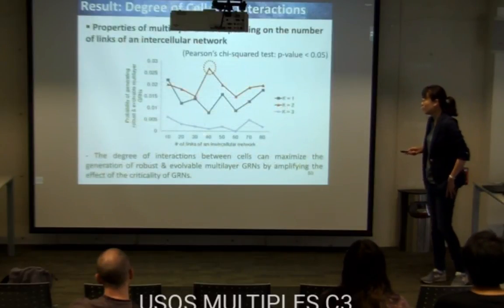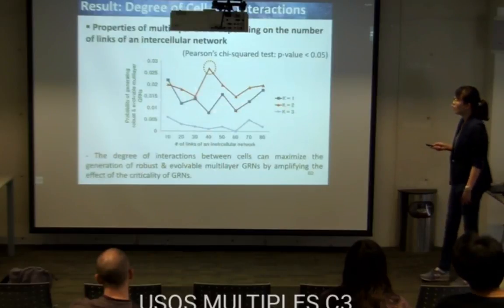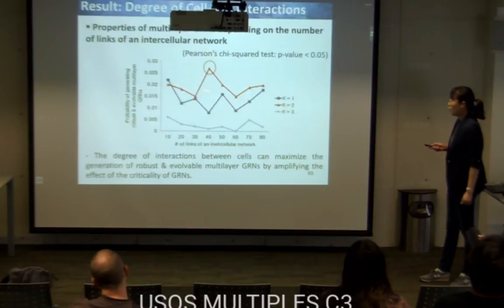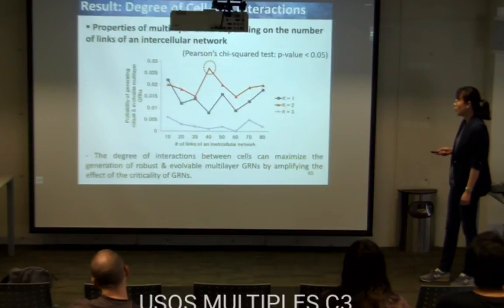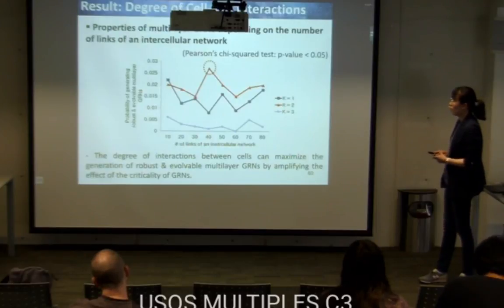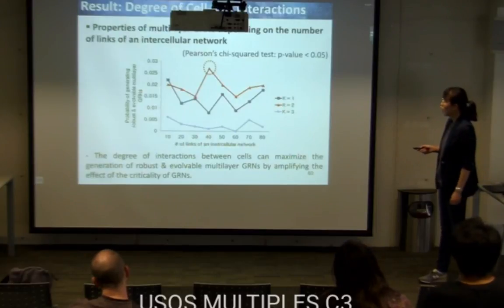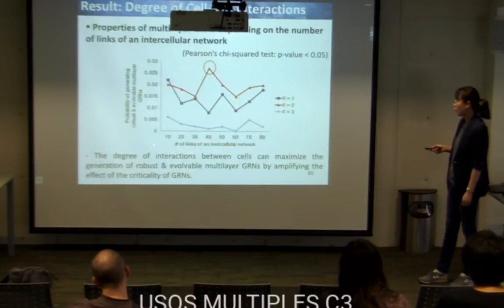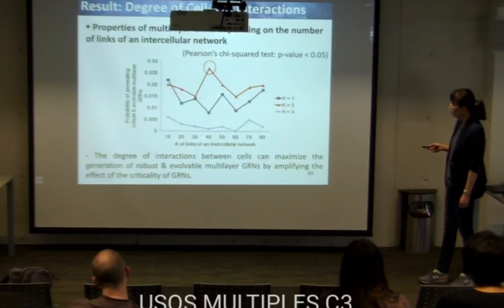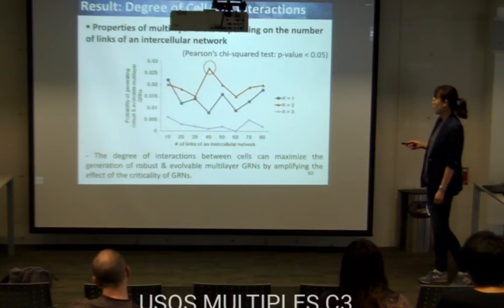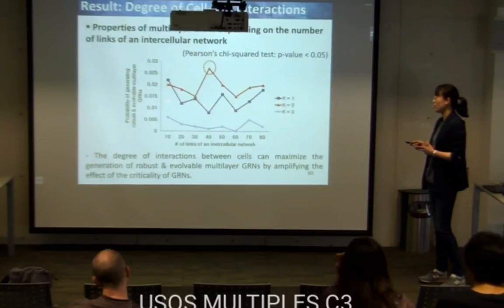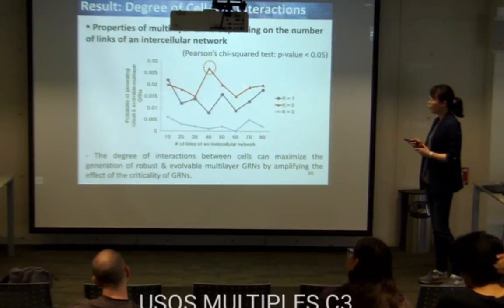These are the probabilities of generating robust and evolvable multi-layer GRNs, depending on the number of links of an intercellular network. As the number of links of an intercellular network goes from 10 to 80, the probabilities did not monotonically decrease or increase, but fluctuated.